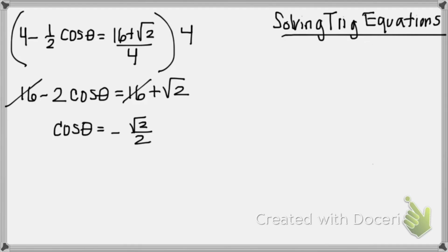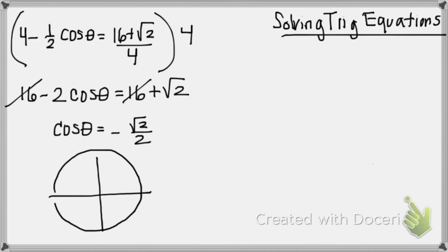Okay, so now I'm thinking about what angle has a cosine value of negative rad 2 over 2. You should be able to do this without a calculator. Should be able to do this with a unit circle. For me, since the cosine of theta is equal to x over r, and I'm looking at a unit circle with a radius of 1, so that means that this radius here is 1.